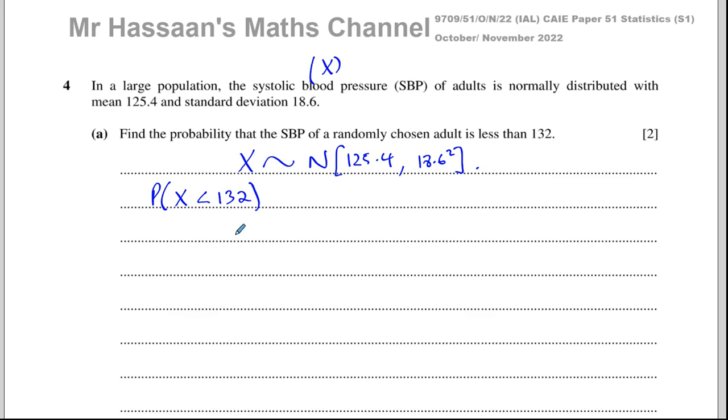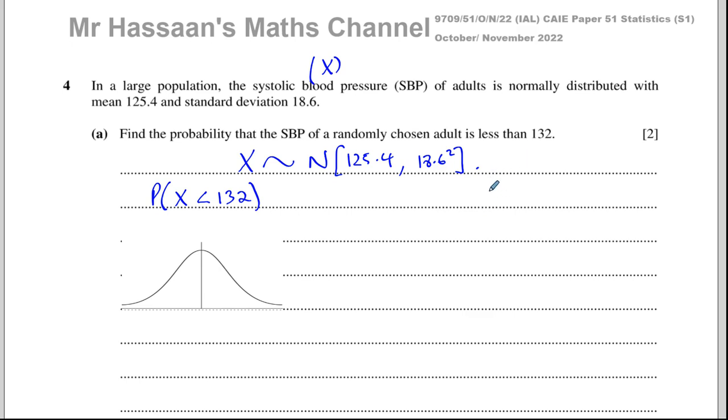So we have to do some standardization. We have to standardize the score such that it can be modeled by the normal distribution curve that we have in our tables. We have to find how many standard deviations this score is above or below the mean, and you do that by simply standardizing the score.